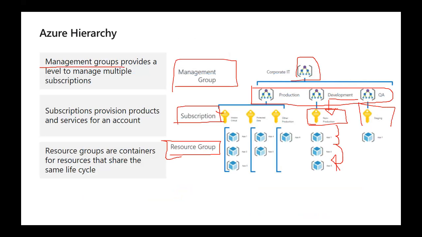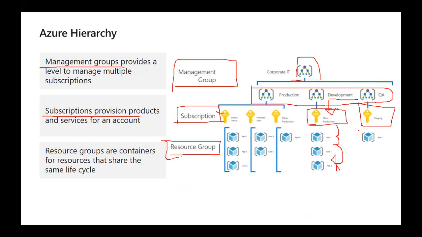Again, we can manage this Q&A subscription independently. So the subscription is going to be able to provision products, licenses, and other aspects to a specific account. And once we have this subscription, we can start creating resources and group these resources in a specific resource group.